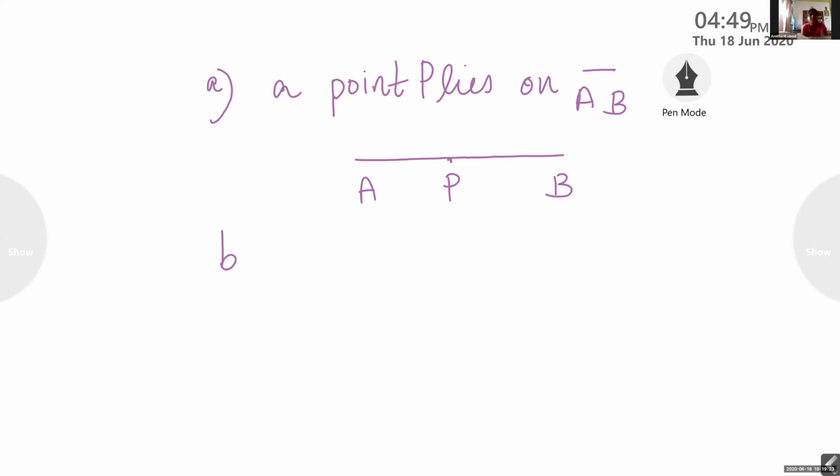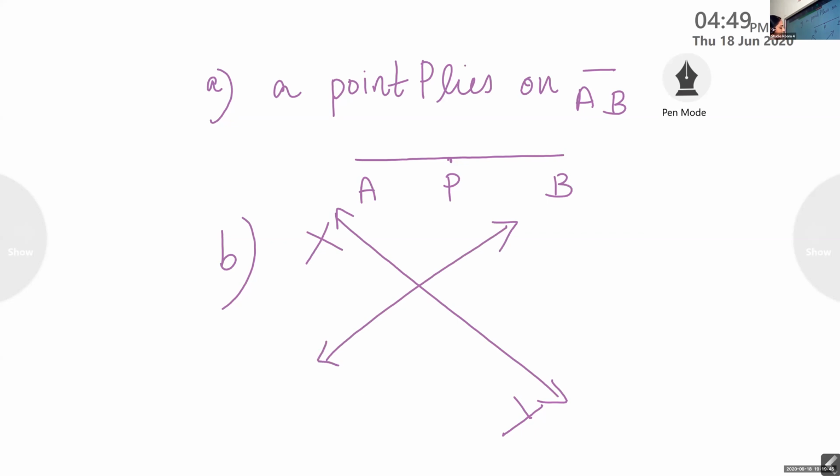Next question is, line XY and line PQ intersect at M. So there is a line XY, and another line PQ. They intersect at point M. So that meeting point name is M. Did you understand?